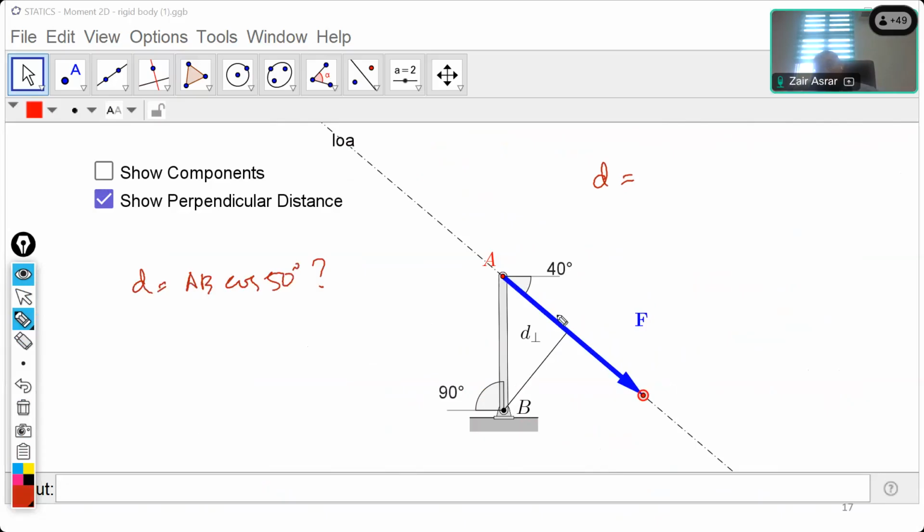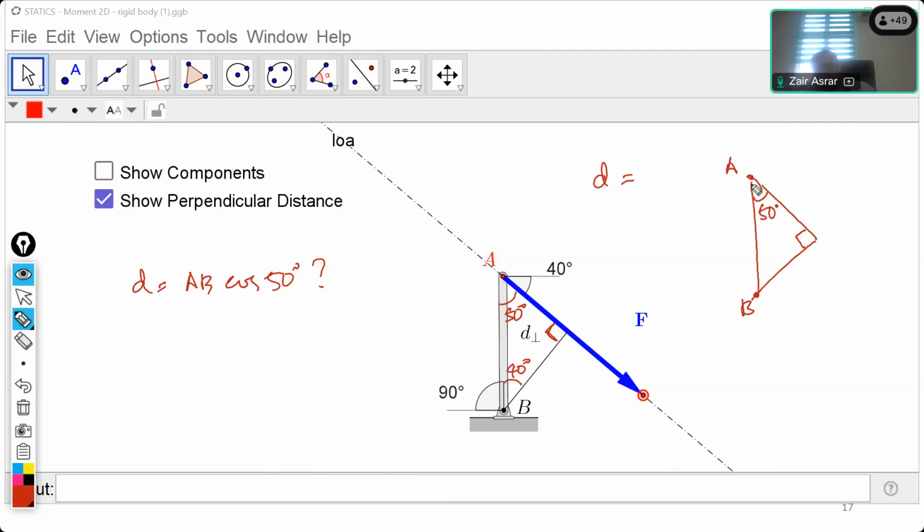Now let us check what we have here. This is 40 degrees, this is 50 degrees, this is 40 degrees. If we want to use 50 degrees, what kind of triangle are we having? This is 90 degrees. If I draw the triangle so that it's easier to see: 90 degrees, point B, point A, and the angle here is 50 degrees.